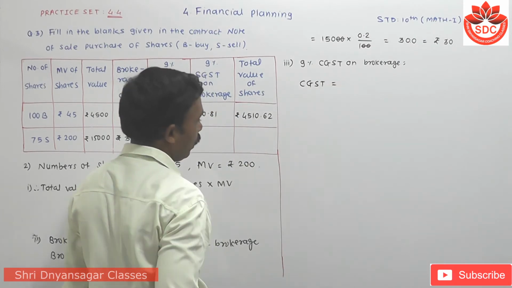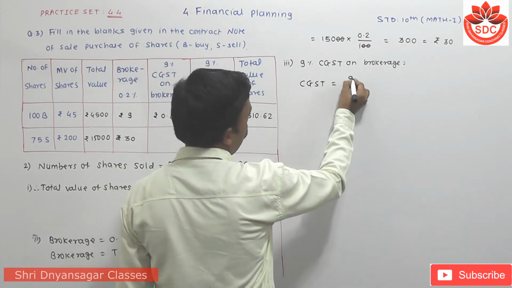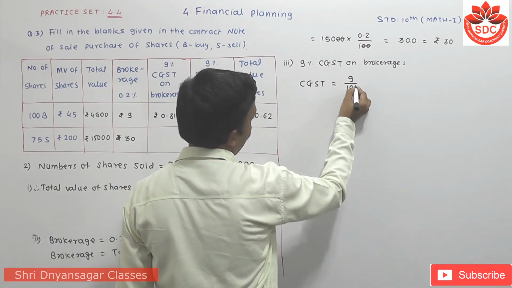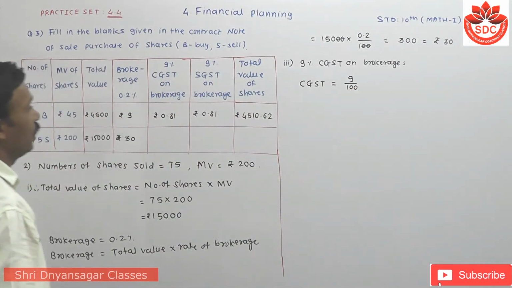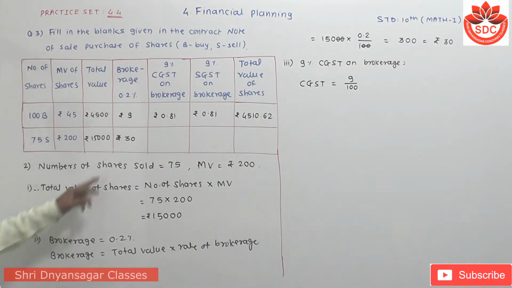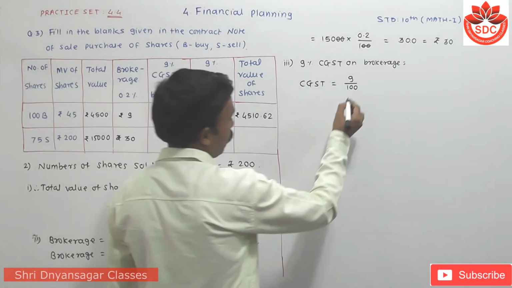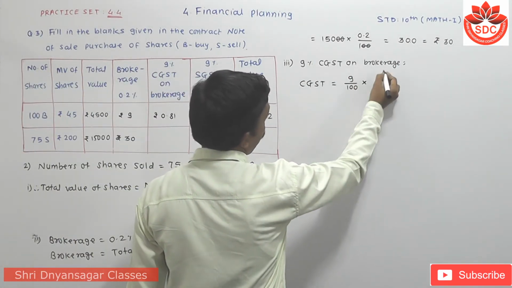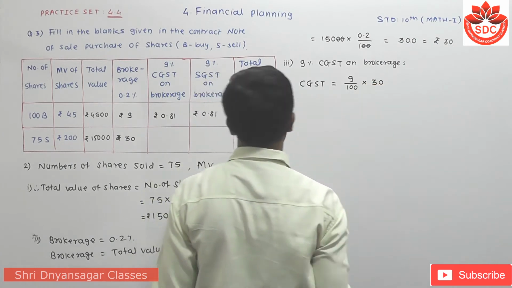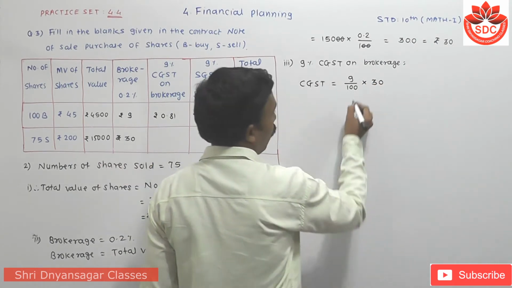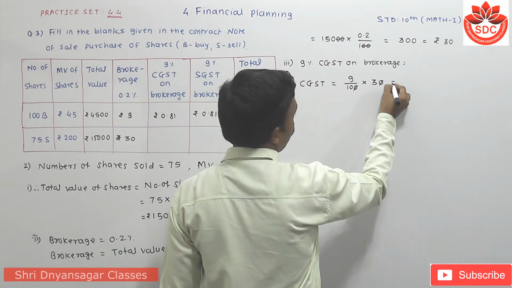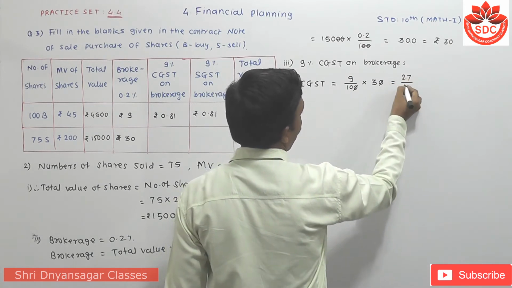Here 9%, that means 9 upon 100 into the value of the brokerage, which is how much? 30. That means into 30 rupees, because it is on brokerage. Now when we simplify it, it becomes 27 upon 10.